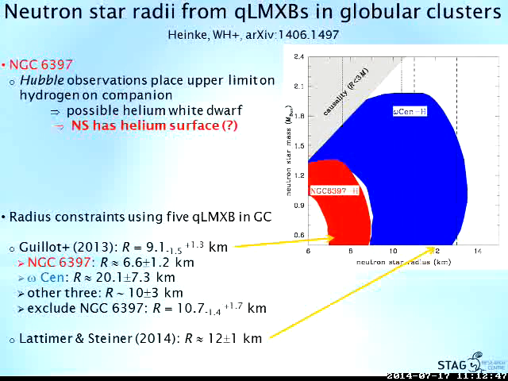Okay, so the idea is let's just take these 2 systems and see, can we construct a mass radius line that goes through both of these? And the answer is basically no. Because 6397 has to have a radius within here, Omega Cen has to have a radius within here, so the only place I can put it is kind of here.